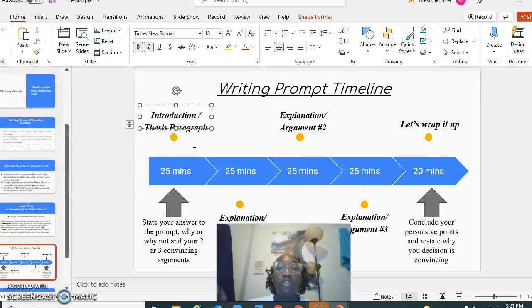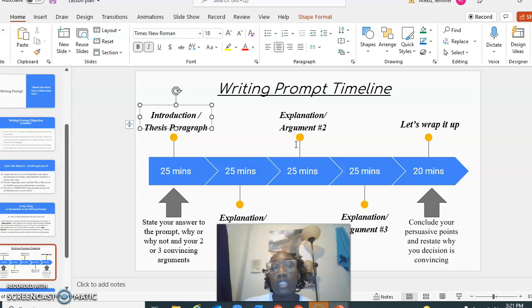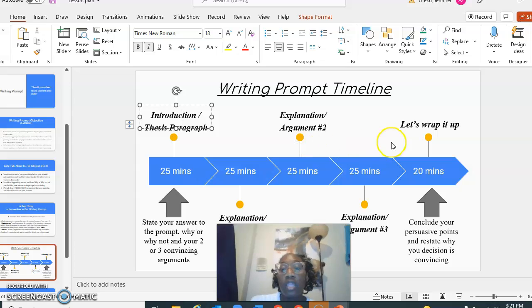And then after 3 or 4 students, you go on to explain the explanation or argument number 2. By the time the students are writing that, it's probably time to leave. And then your wrap up will probably be the introduction for the next day's lesson.